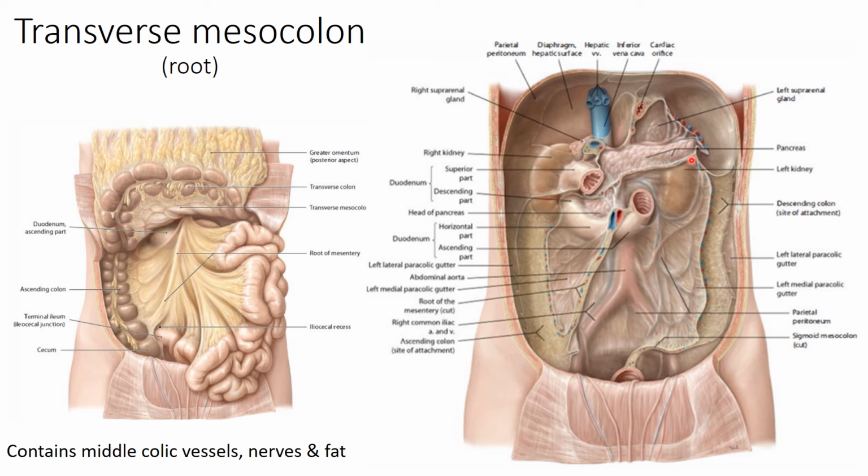And at the splenic flexure, it again provides a fan-shaped reflection to the diaphragm known as the phrenicocolic ligament. Now between these two layers, it contains the vascularity of this portion, which is the middle colic vessels along with the autonomic nerves and varying amounts of adipose tissue.